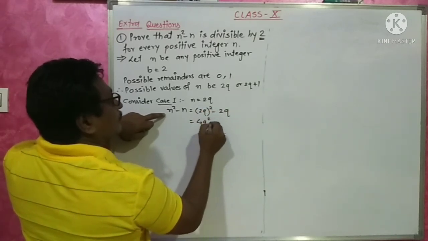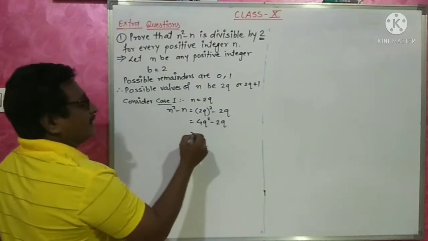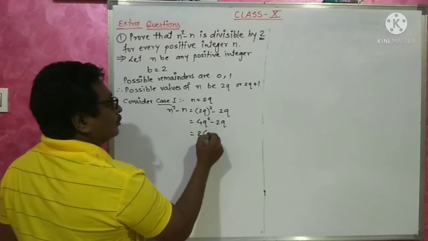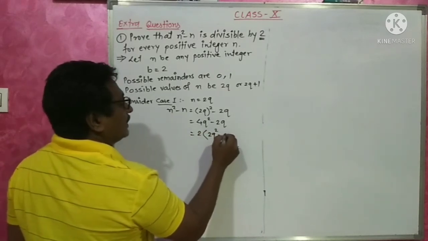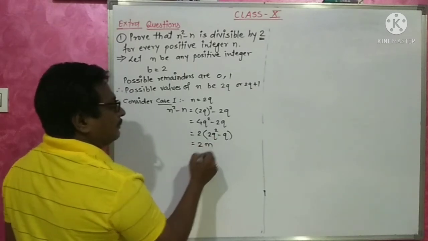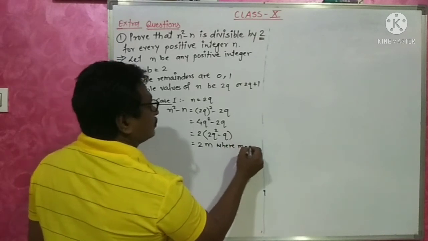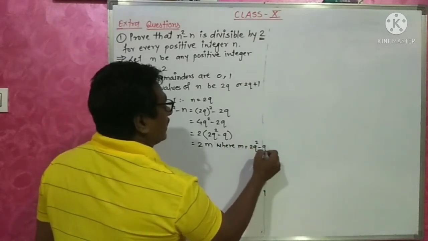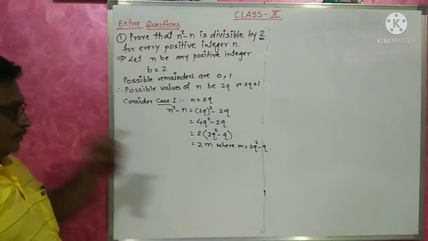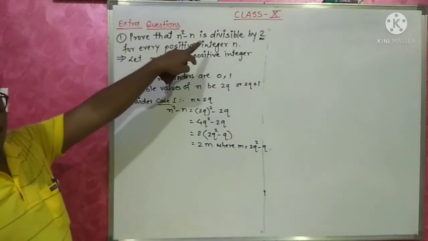So 4q square minus 2q. What is common here? 2. So 2 times (2q square minus q), which is 2m, where m equals 2q square minus q. So it is a multiple of 2, means it is divisible by 2.